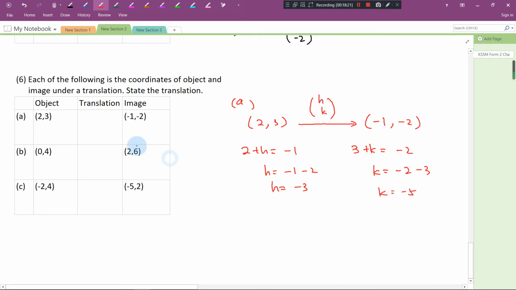And don't forget to write in the vector form, -3, -5. Remember H on the top and the K at the bottom here. Okay, let's double check. 2 minus 3, -1, yes, correct. 3 minus 5 will give you -2. Okay, correct. Okay, let's try B.